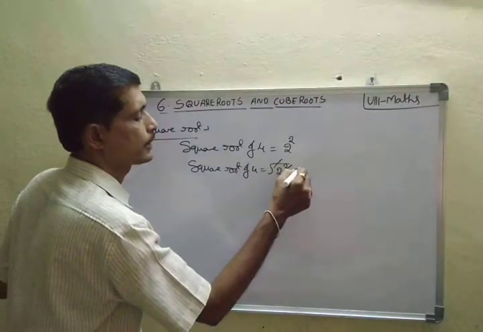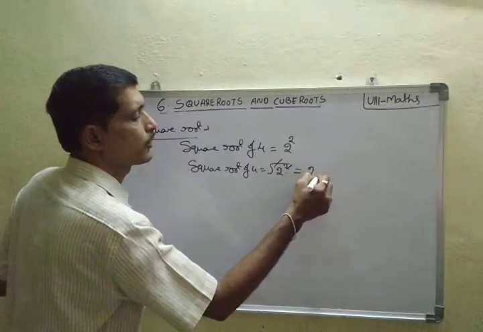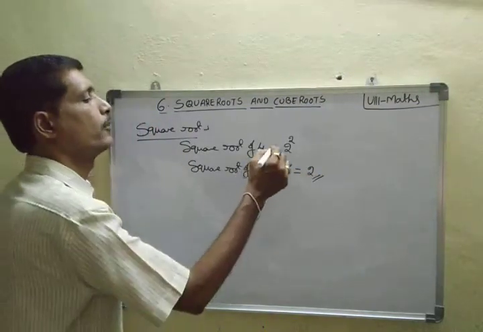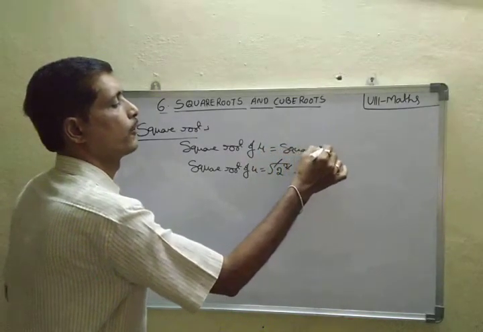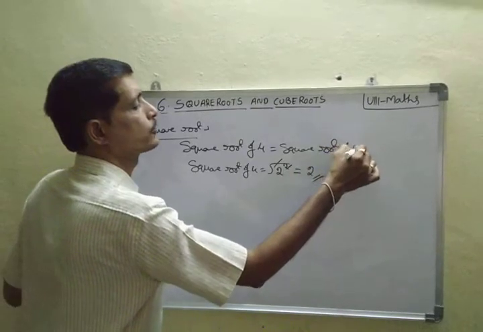Here square and root get cancelled, that equals 2. Therefore, the square root of 4 equals 2. Here the square root of 4 can be written as 2 squared.